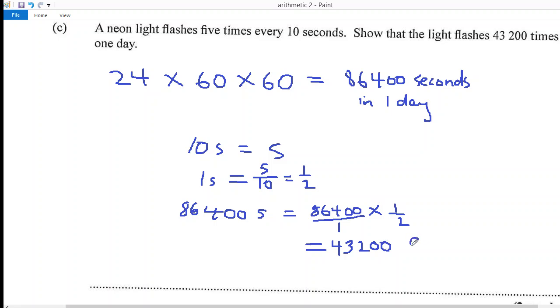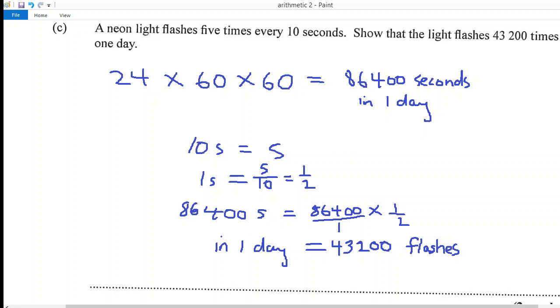So this is the number of flashes that we would get in one day. So we have shown that the light flashes 43,200 times in one day. Thanks for watching.